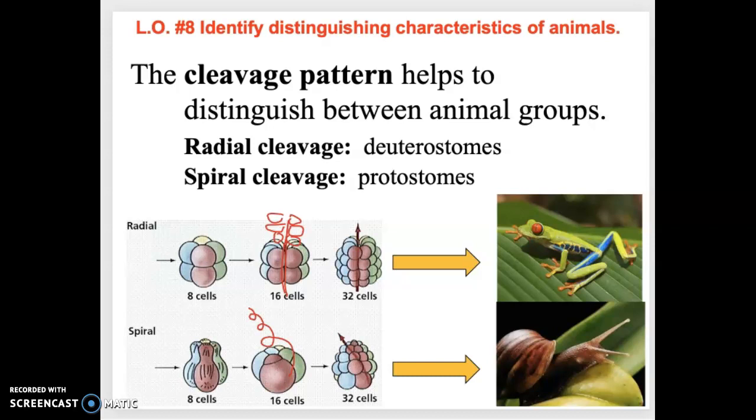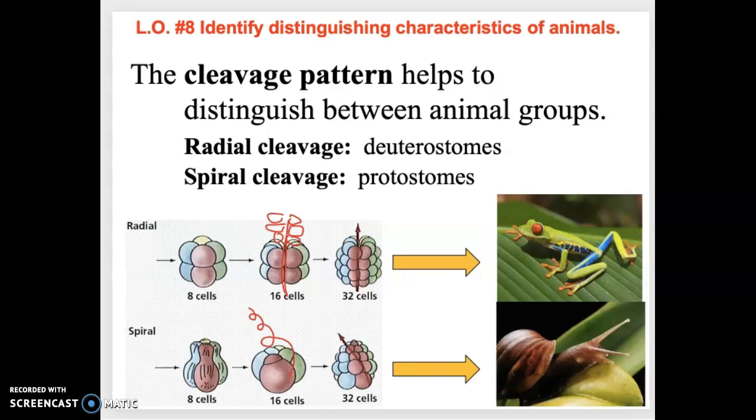Think about a spiral staircase or a corkscrew. That is spiral cleavage. So deuterostomes, radial cleavage; protostomes, spiral cleavage. Another feature that helps distinguish protostomes from deuterostomes. Okay, so we want to make sure we're comfortable with those differences.